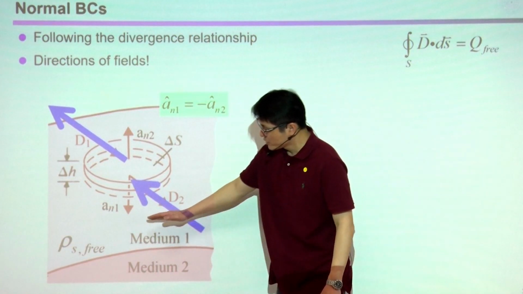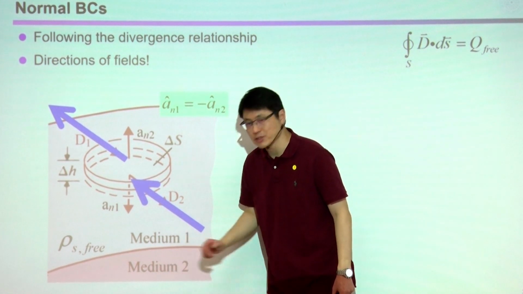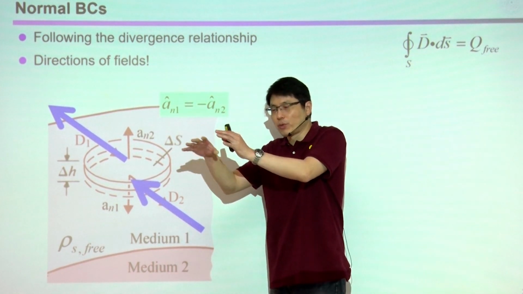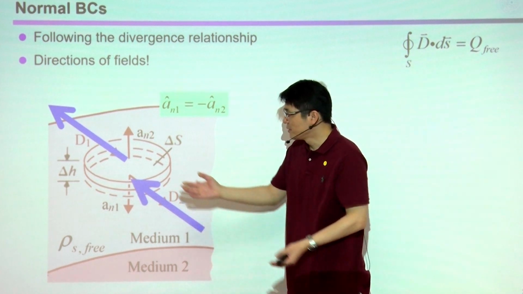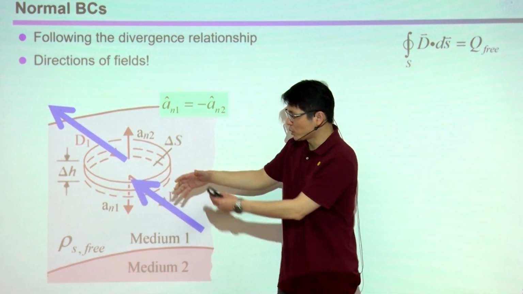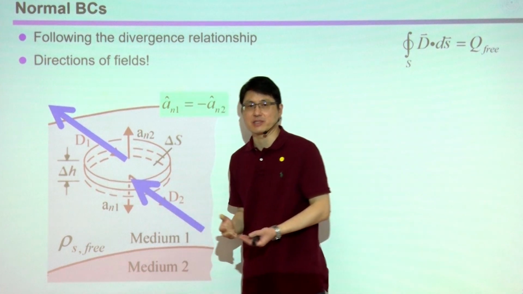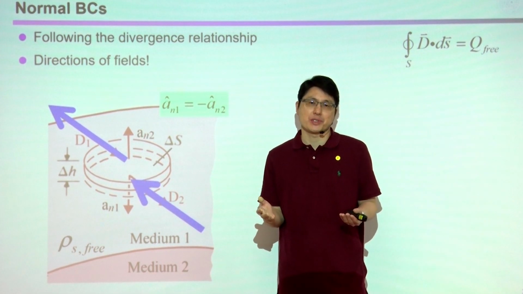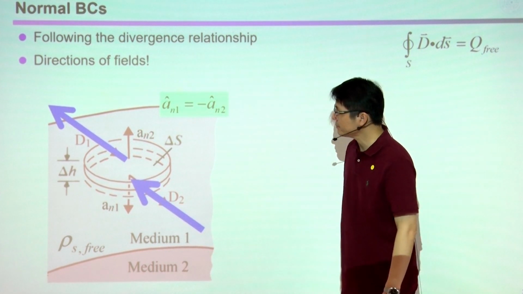So if we have 2 medium, medium 1, medium 2, in this case we have to form a closed surface. Now in this case, the textbook is drawing a cylindrical surface, but it's fine. The geometry is really not important.